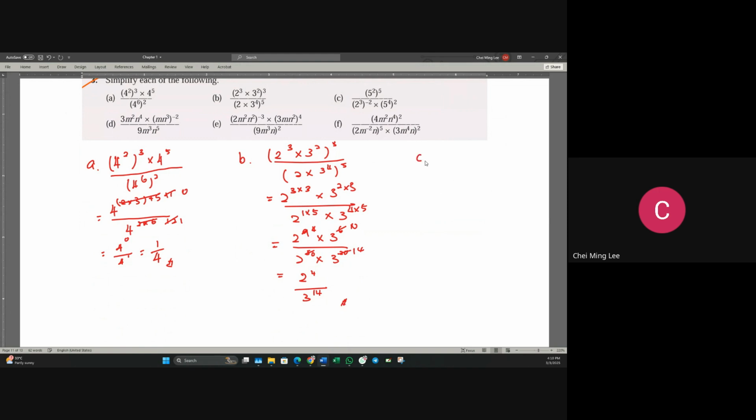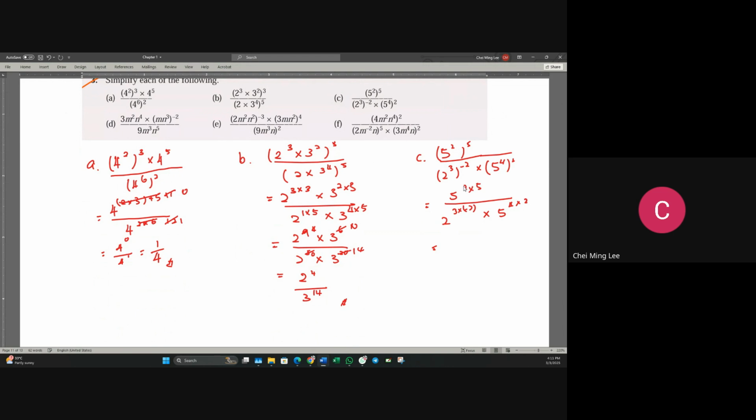C will be 5 to the power of 2 to the power of 5, divided by 2 to the power of 3 minus 2 times 5 to the power of 4 to the power of 2. So we can change this to 5 to the power of 2 times 5 divided by 2 to the power of 3 times negative 2 multiplied by 4, 5 to the power of 4 times 2.